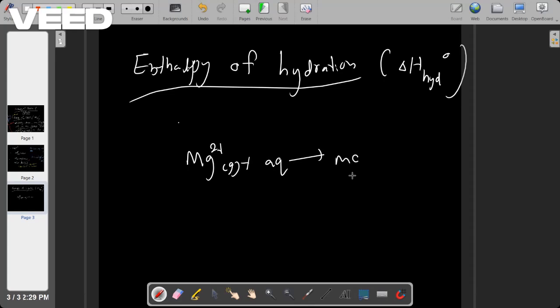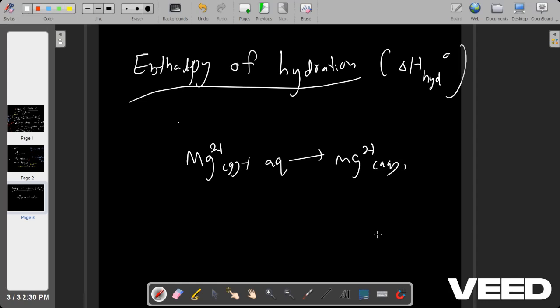Magnesium 2 plus aqueous. Tell me, analyze and tell me what is the difference you see between these. Yeah, still it is an ionic product.